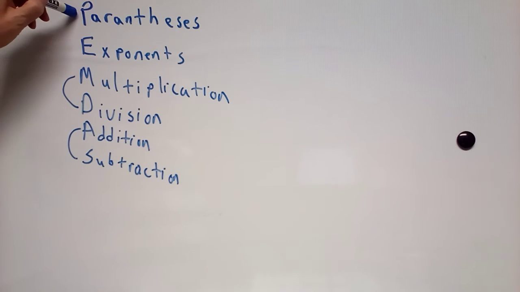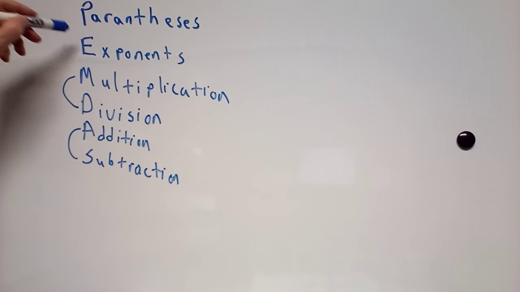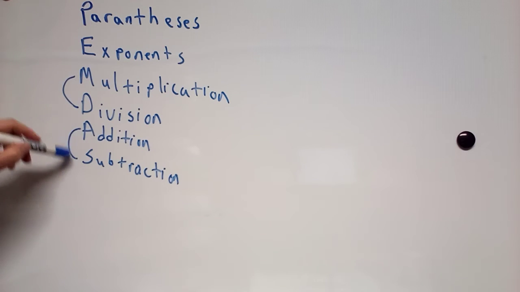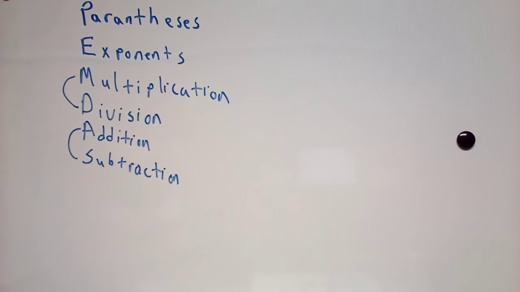We remember to do our parentheses first, and then our exponents, then our multiplication and division from left to right, and our addition and subtraction from left to right. So that's the order of operations, and that's all I'm going to say about that at this time, except it's very important when we get into these long equations and long inequalities and different types of problems, that you remember that order of operations.